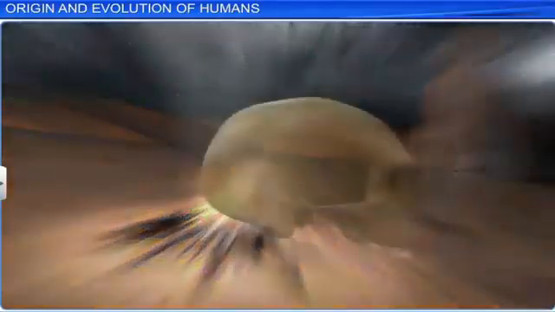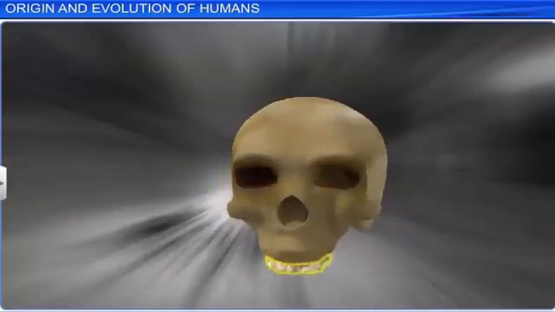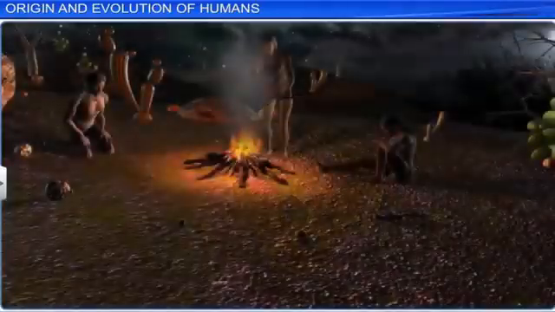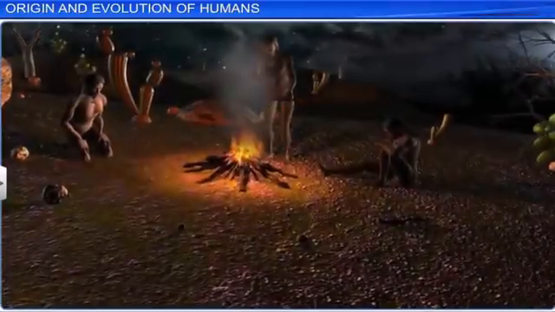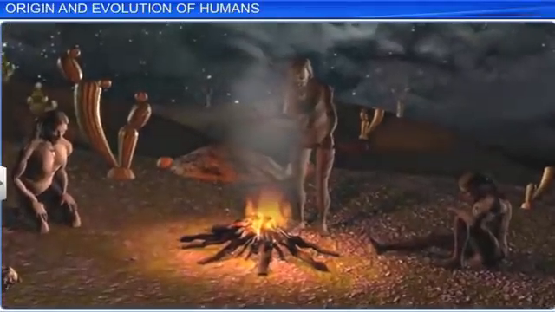The brain of Homo erectus was smaller, around 900 cubic centimeters, while the teeth were larger than that of present-day human beings, as they probably ate meat. Homo erectus flourished till about 200,000 years ago or even later, and then gave way to other species of the human genus.